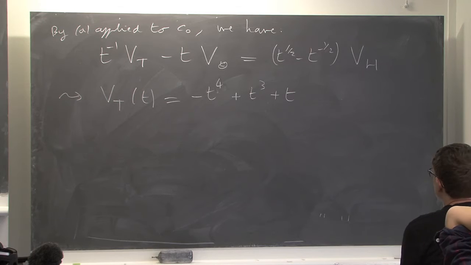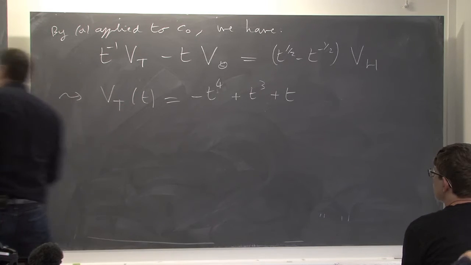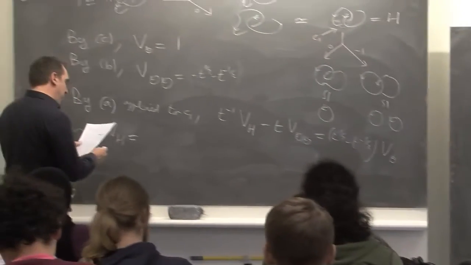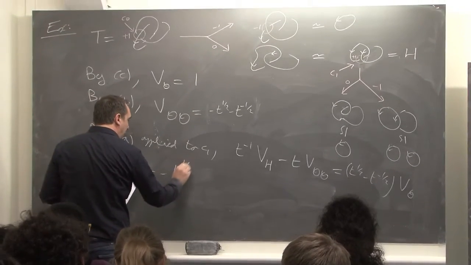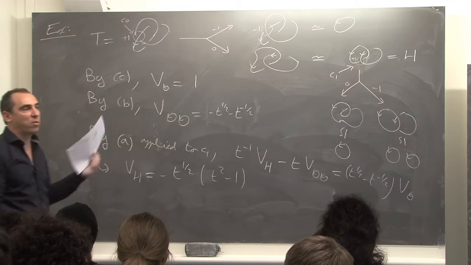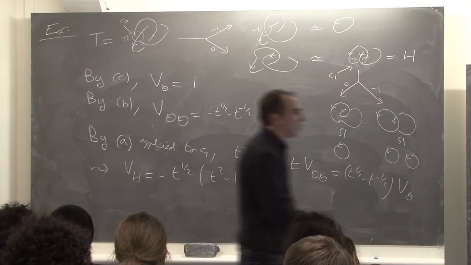What I found here is minus T^(1/2) T^2 minus 1. Just check the computation. This is an easy computation.